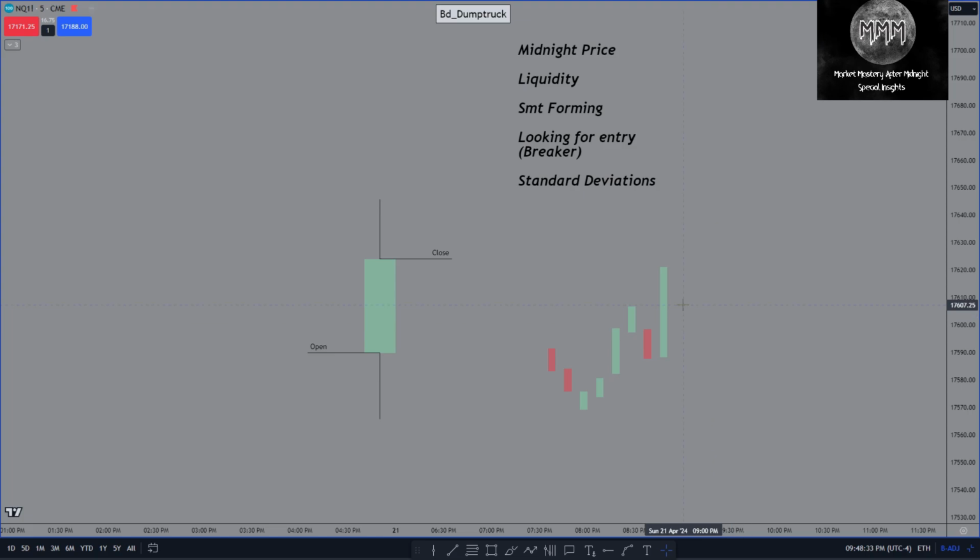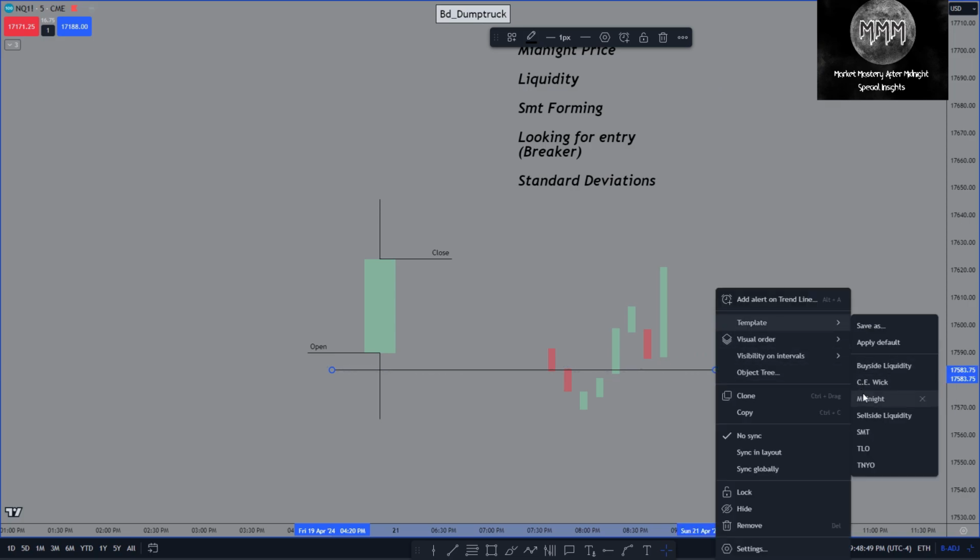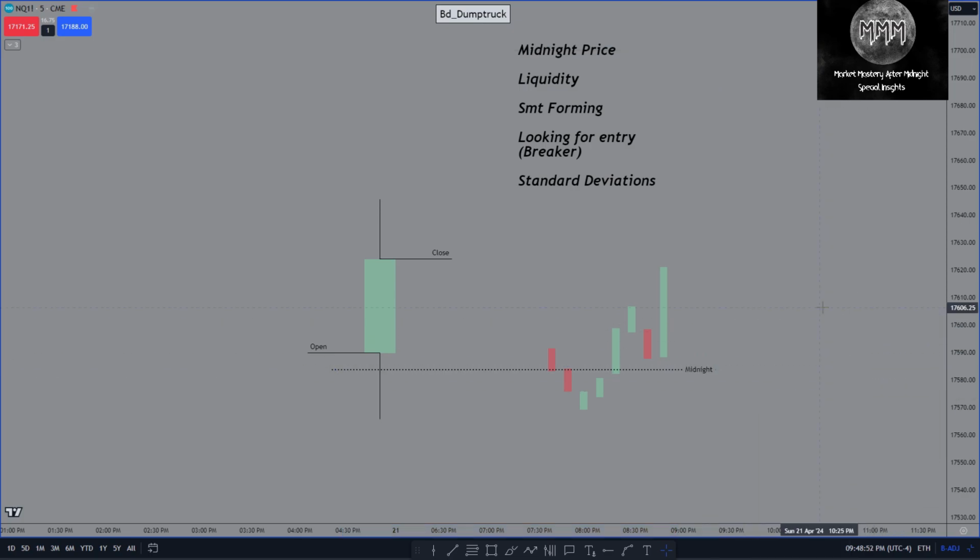So let's look at this checklist we have up here, and let's add this into how we typically see things. Typically you're going to see midnight price being here if you're wanting to see that manipulation. So we have midnight price here, for example.